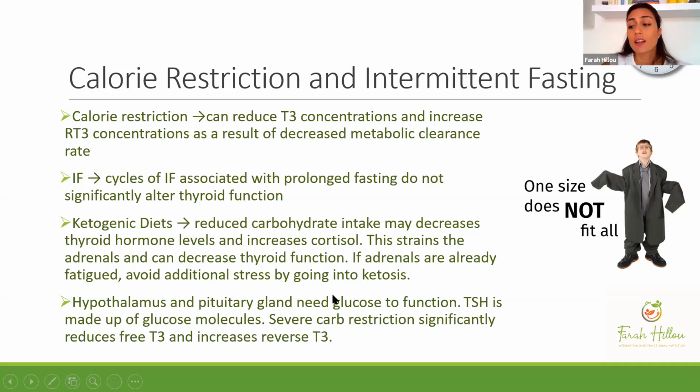Okay, so TSH consists of glucose molecules. So if you're eliminating all carbohydrates, for example in a keto diet, this is something to keep in mind. With a ketogenic diet, carbohydrates are really restricted, but some individuals can still be in a state of ketosis with a little bit more carbs, so maybe 50 grams a day. Okay, so it really depends.